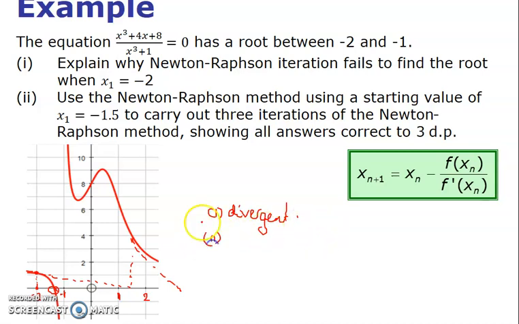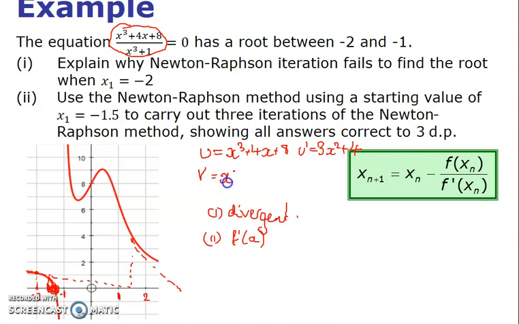Part 2 then says, well, okay, if that's fair enough, we need to be a bit more precise. We're going to need to go in here. And I suppose if I do this, I've got a chance then to find the actual root, which is here. So the very first thing I'm going to need to do is find f dash of x. And presumably I can say that this lot is f of x. So over here I write u equals x cubed plus 4x plus 8, and therefore u dash is 3x squared plus 4.